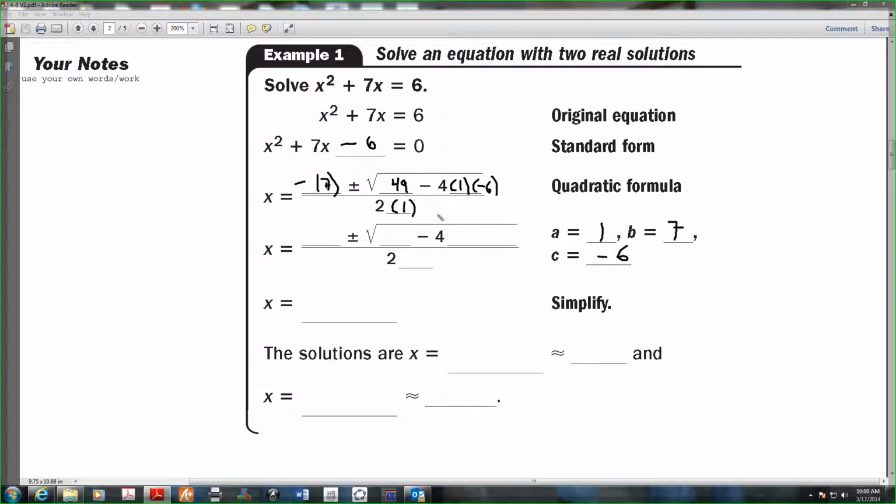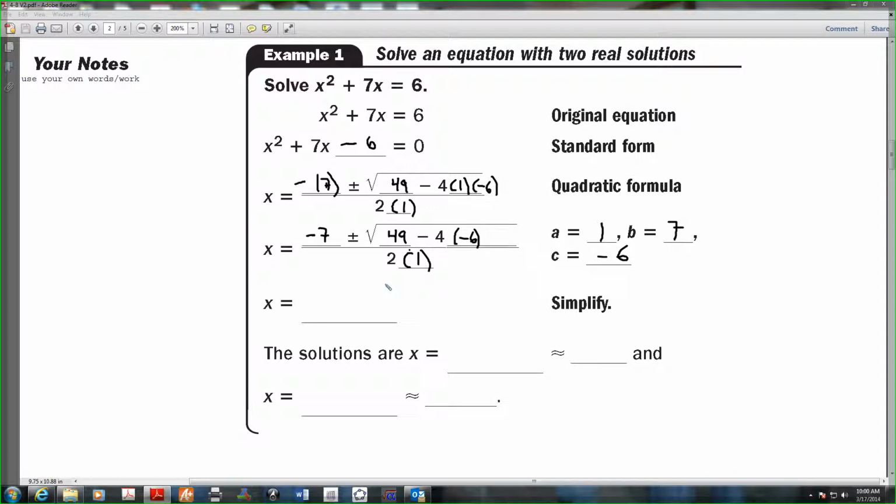And all we have to do is solve this. So it's going to be negative 7 plus or minus the square root of 49 minus 4 times negative 6, all over 2a, which is 2 times 1, which is just 2.